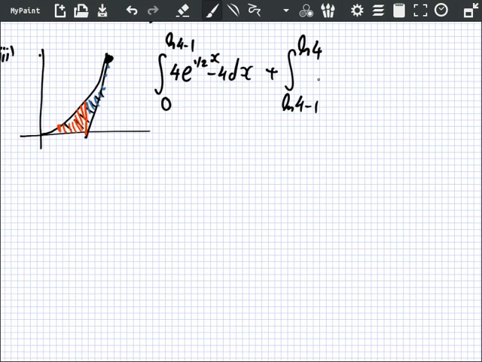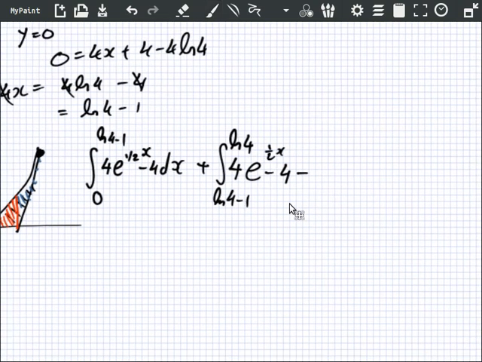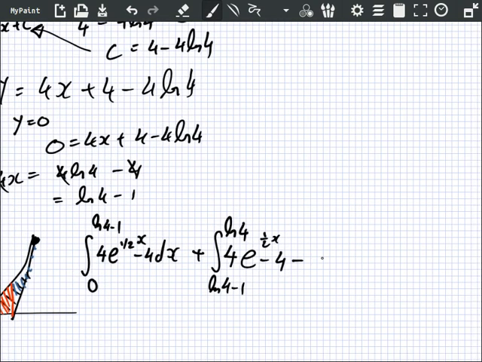The curve subtracted from the line. So which is first? What minus what? The curve minus the line, yeah, because it's in between the two for the blue piece. 4e^(x/2) minus, now where's my answer from earlier? There it is. Minus (4x minus 4 plus 4 log 4) dx.